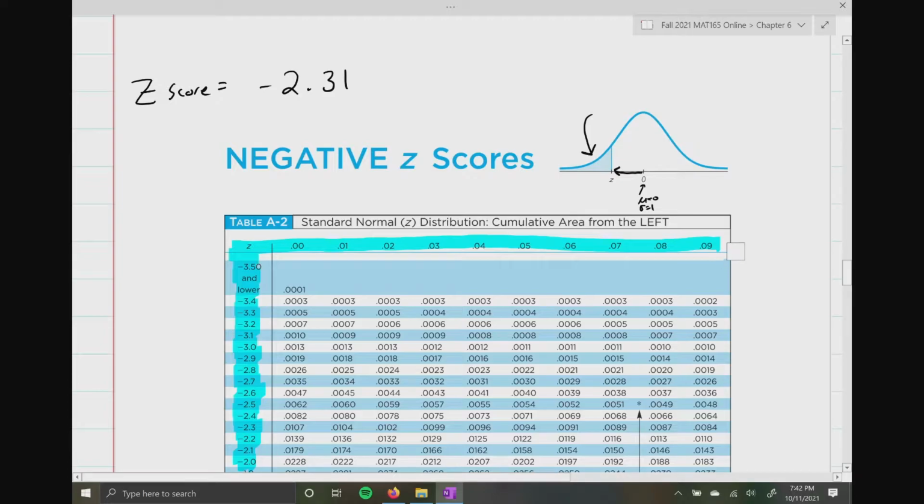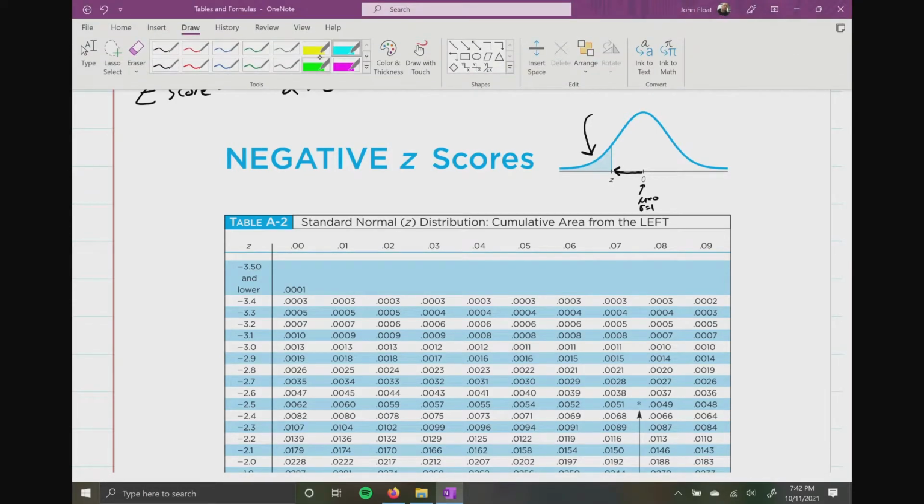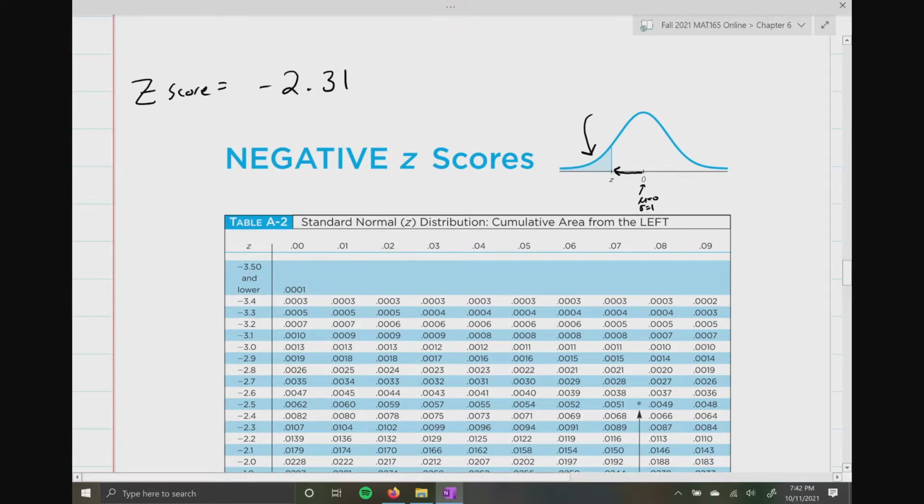So if you want a z-score of negative 2.31, what you need to be able to do is match this up. I'm going to use green. First thing is we need negative 2.3, because the very first column gives me decimal places to the tenths. However, across the row, that's where the hundredths position comes into play.